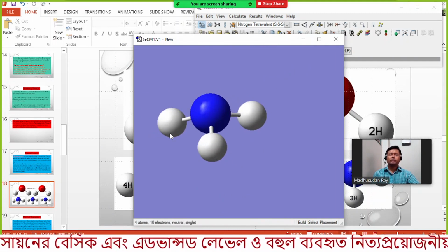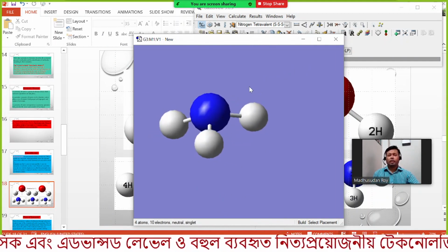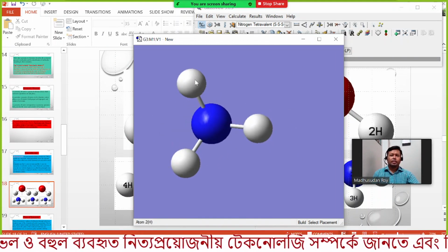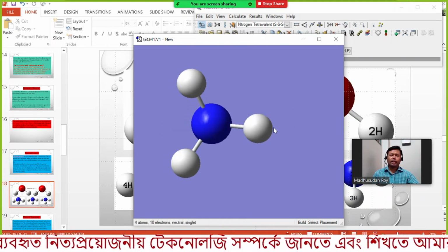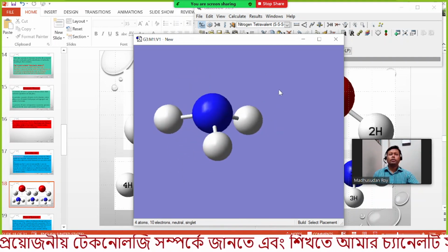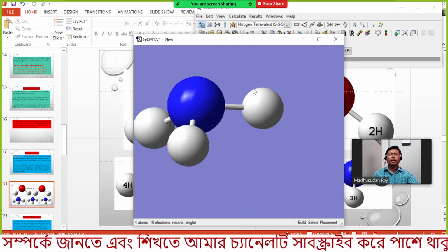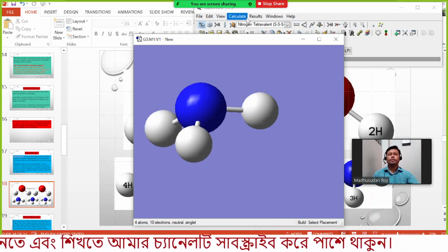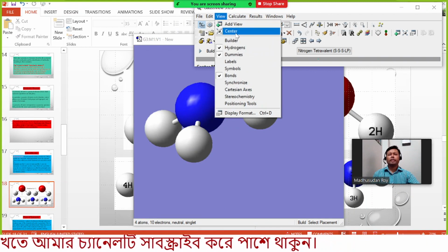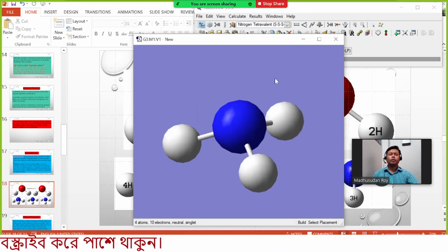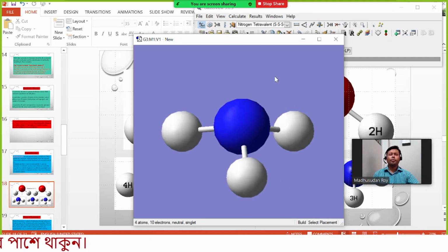This is hydrogen, hydrogen, hydrogen. So what is the angle between this hydrogen, nitrogen, hydrogen? If you rotate this ammonia molecule by 120 degrees, that will give you exactly the identical structure as I have shown here. So if you consider this ammonia molecule, I will show you by rotating.